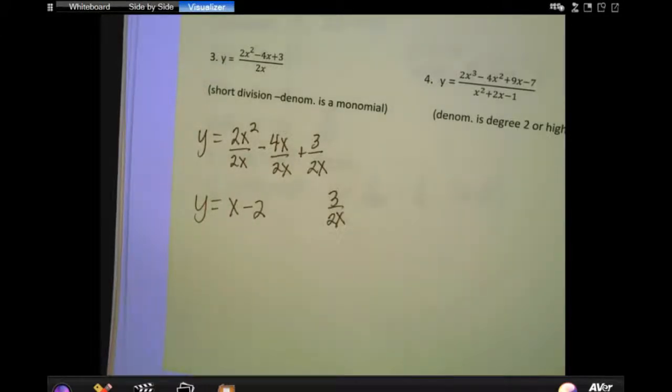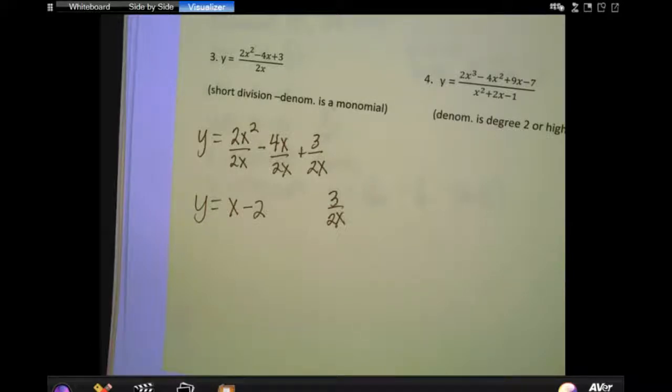So this is the remainder, right? So what this is telling me, if I drew x minus 2, if I put my line, it would look something like this. And so if this is my graph right here, this remainder part is how far away this is from the asymptote.